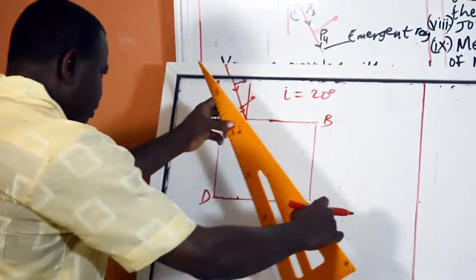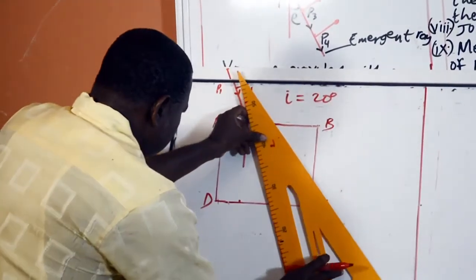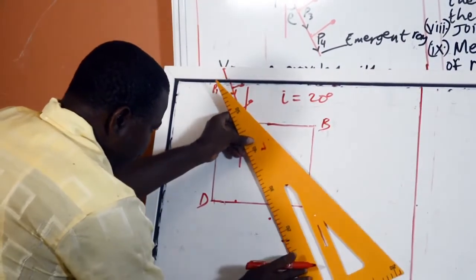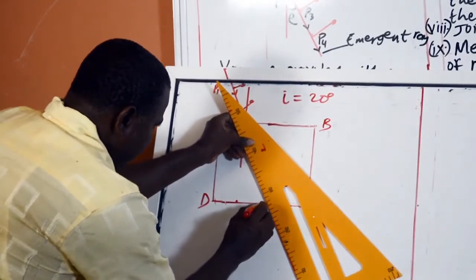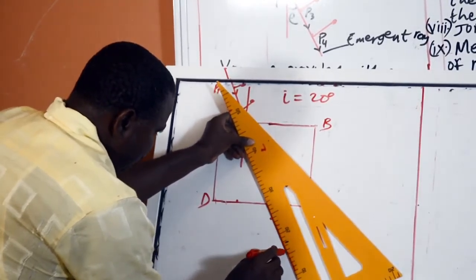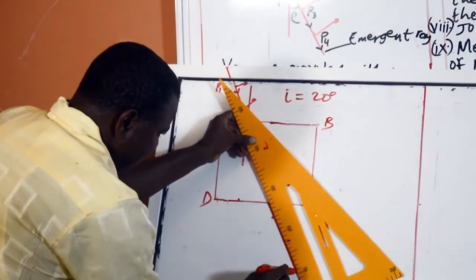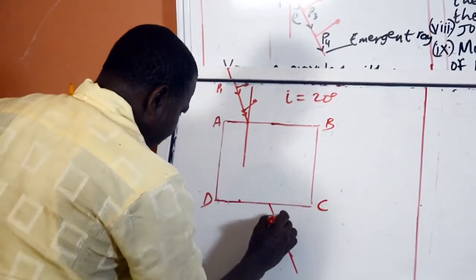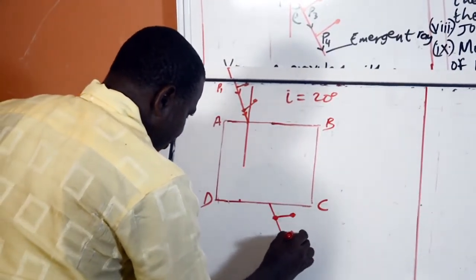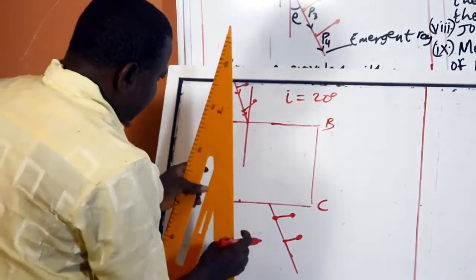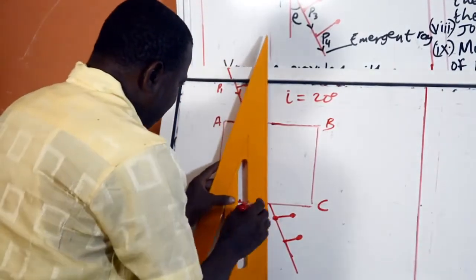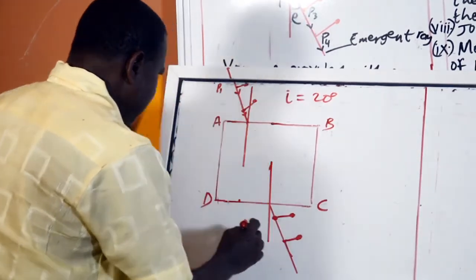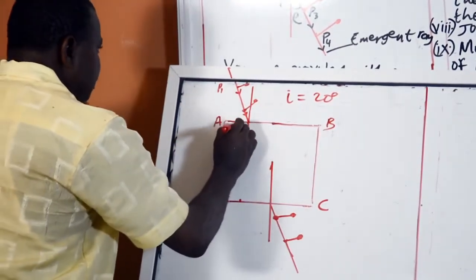You draw the points P1 and P3, you join them together. This is P3. This is P4. Then you draw a perpendicular to DC. That is the normal. This is your N.